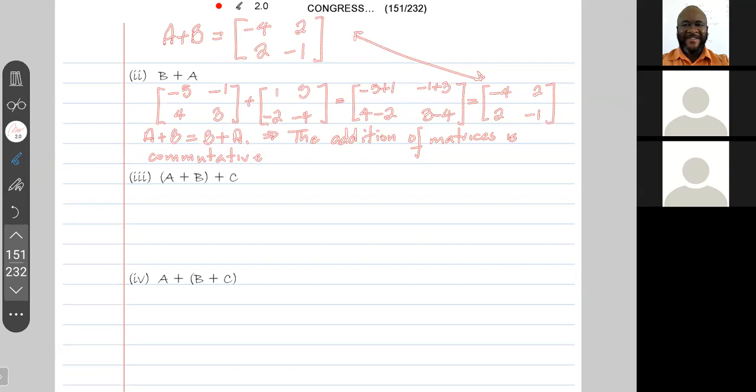Therefore, the addition of matrices is commutative.